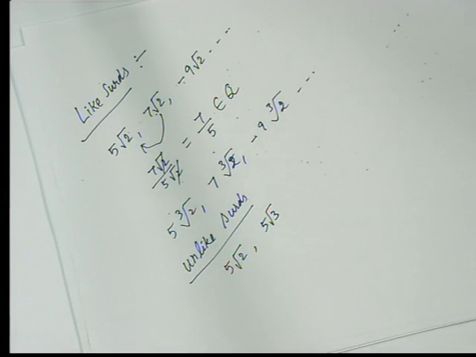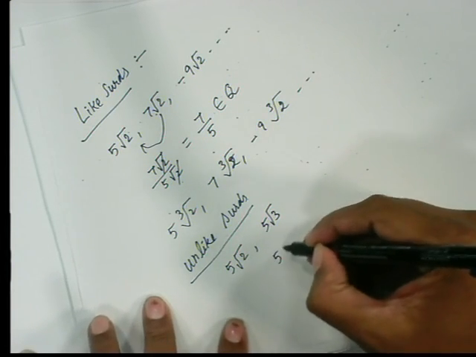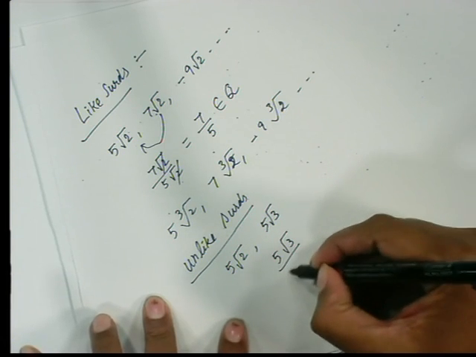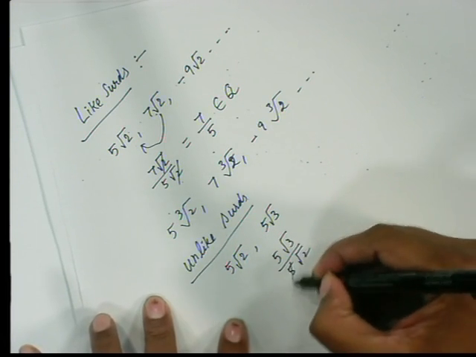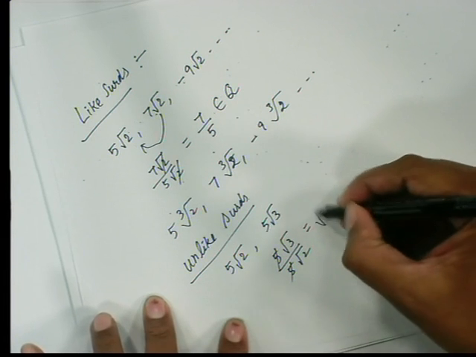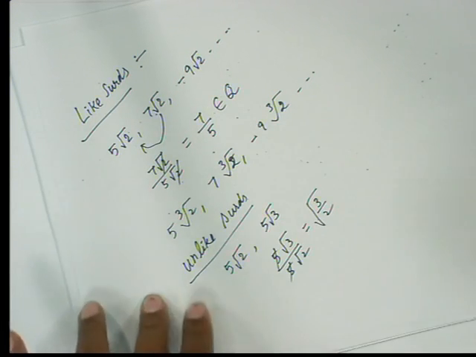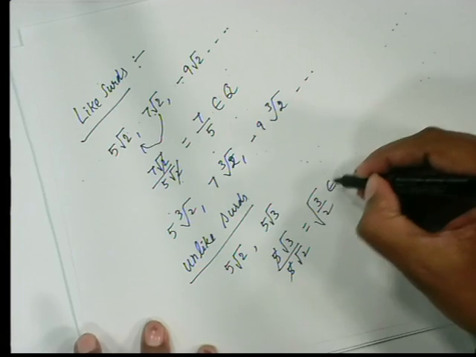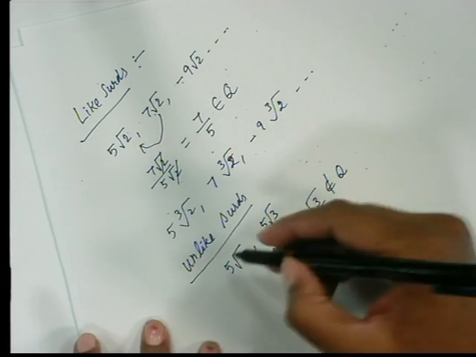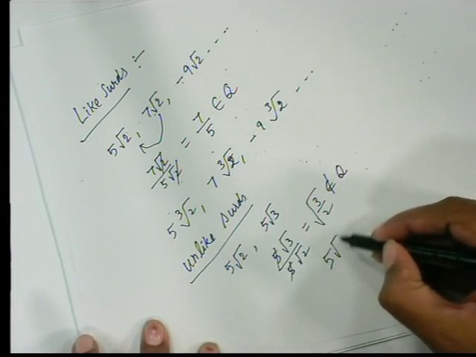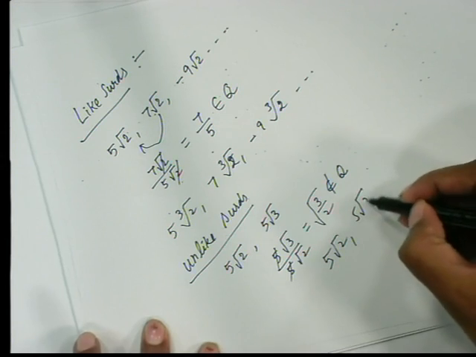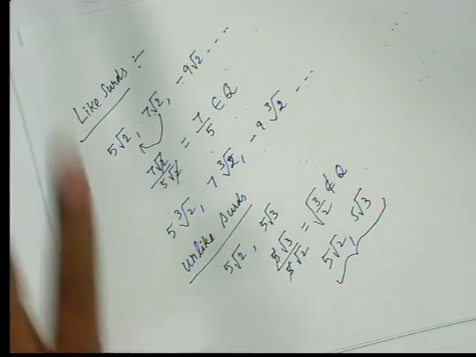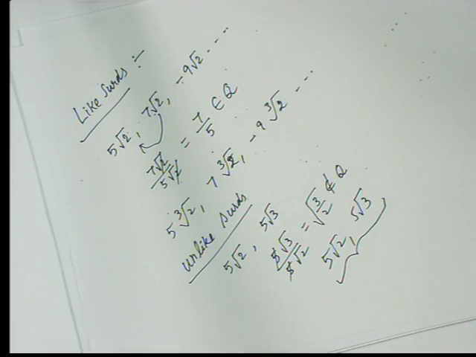If we take 5 root 3 divided by 5 root 2, 5 gets cancelled, and we get root of 3 by 2. Root of 3 by 2 cannot be a rational number, so this does not belong to the rational numbers. So 5 root 2 and 5 root 3 are not like SURDS. They are dissimilar SURDS or unlike SURDS.